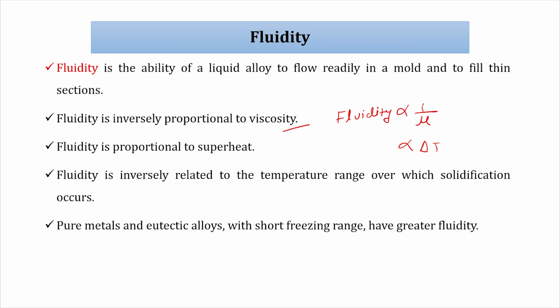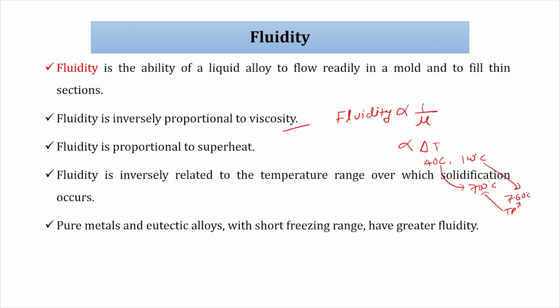It means if molten metal is at 700 degrees Celsius, like pure aluminum, what is superheat? You can take 760 degrees Celsius, so the superheat is higher, and fluidity is higher, but there is a limitation, we will understand that.